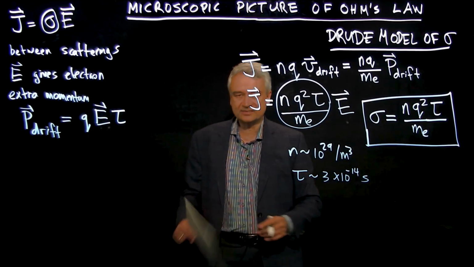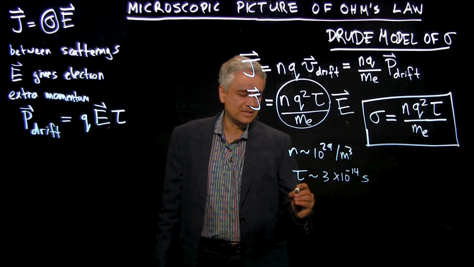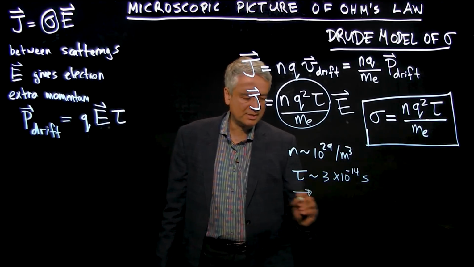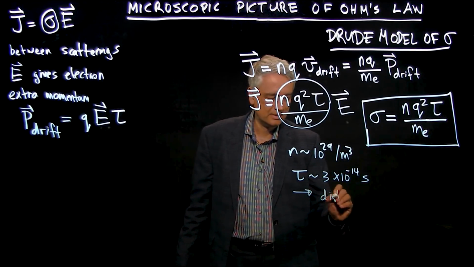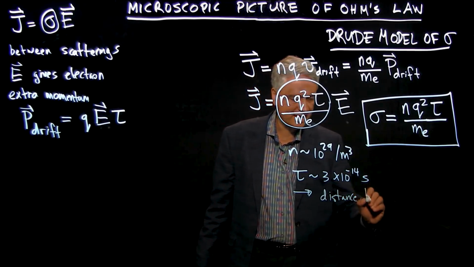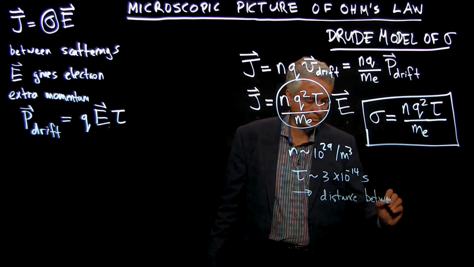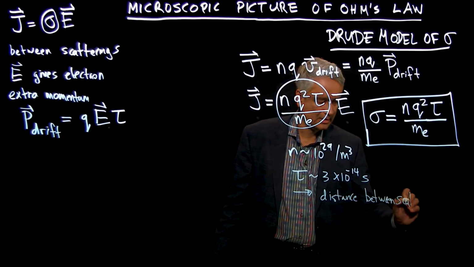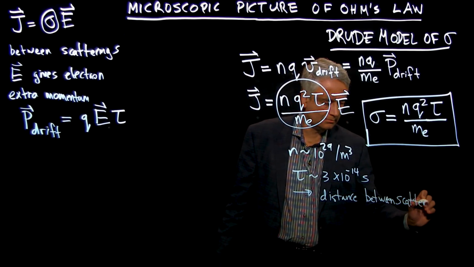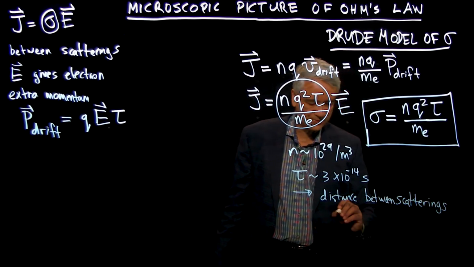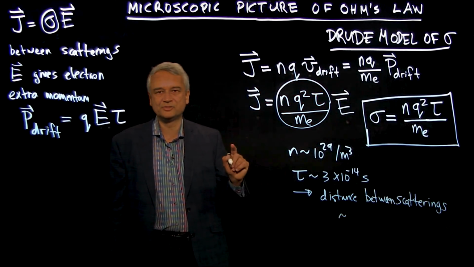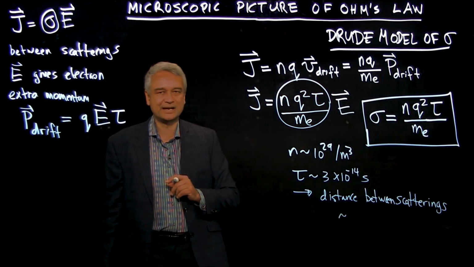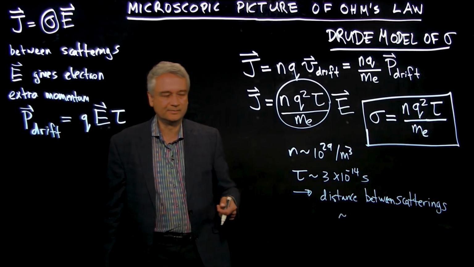So to see whether this is reasonable, let's turn this into a distance. The distance between scatterings, well, what is the distance between scatterings? It will be v times this tau, where v is not v drift, but the 100,000 meters per second. v is the whizzing around speed.